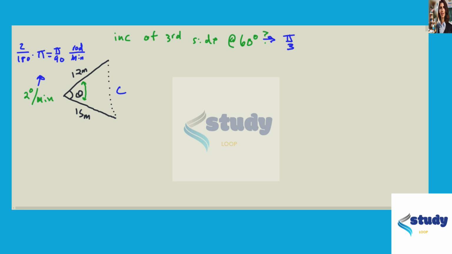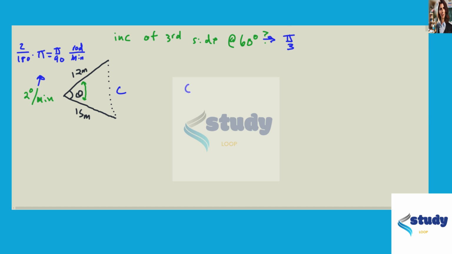Now, let's see if we can find some way to relate all of these things. We want to know about this third side. We have two side lengths of the triangle, and we have this angle here. Well, we can use the law of cosines to relate everything.